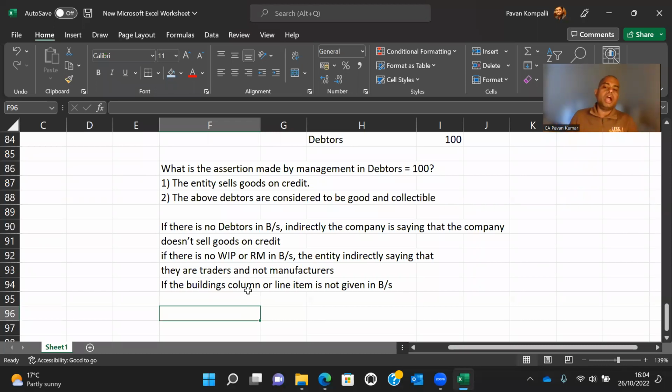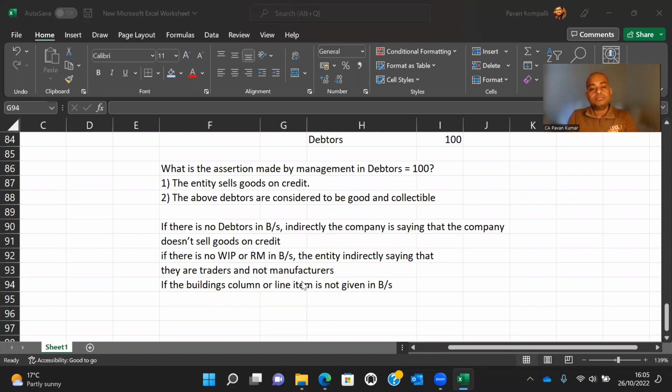Obviously, yes. I don't have house, I'll take it on rent. It is not necessary that every business premises must be owned by me. Even my office is a rented premises. These are negative assertions.